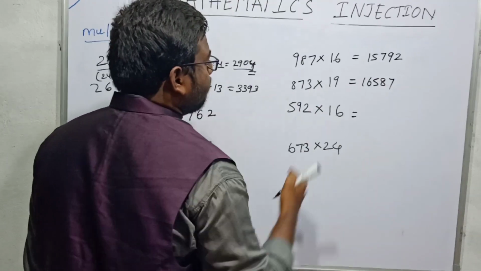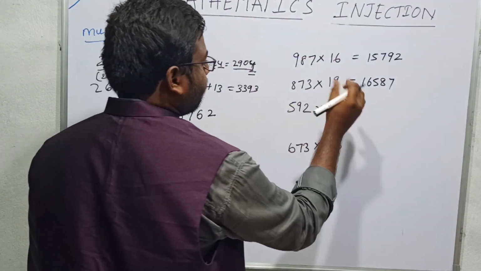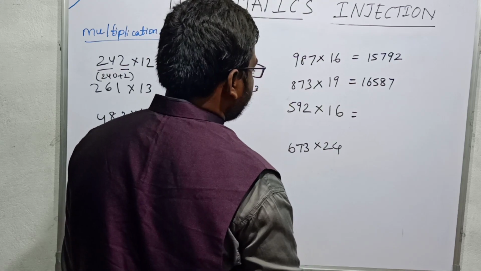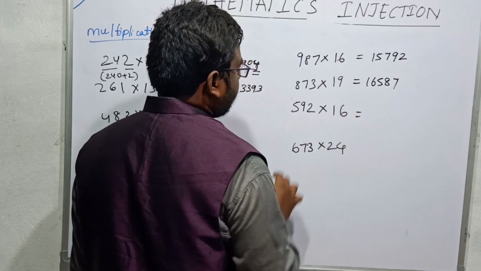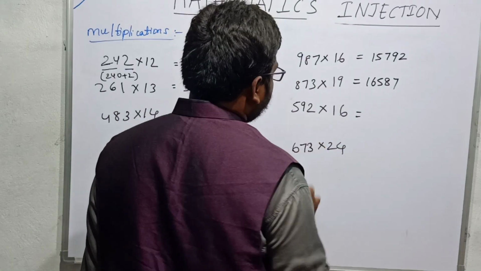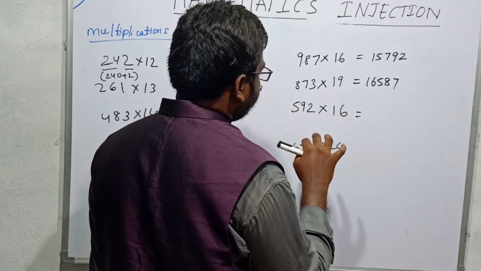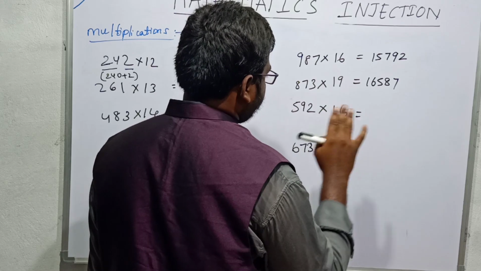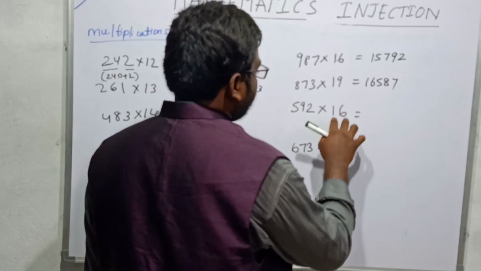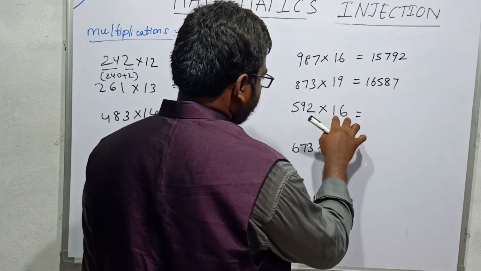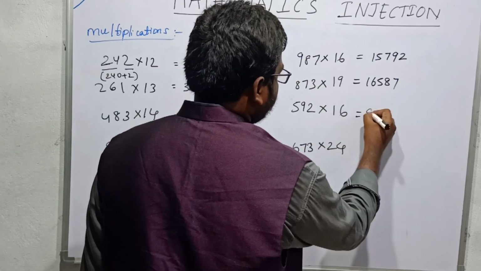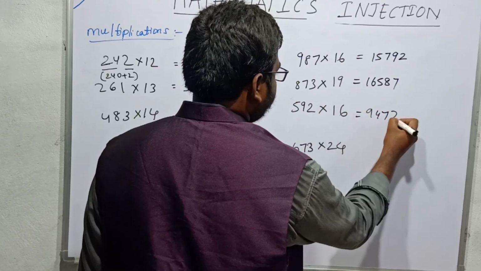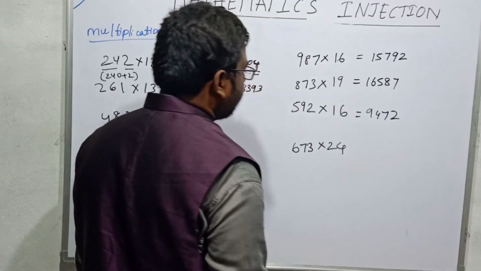Where 7 came from: 19 3s are 57, 5 plus 1653 is 1658. For example, if I multiply this with 16: 16 5s are 80, 16 9s are 144, 80 plus 14 is 94, and 4 is beside, 944. 16 into 2 is 32, 944 plus 3 is 947, and 2 will be here, 9472.